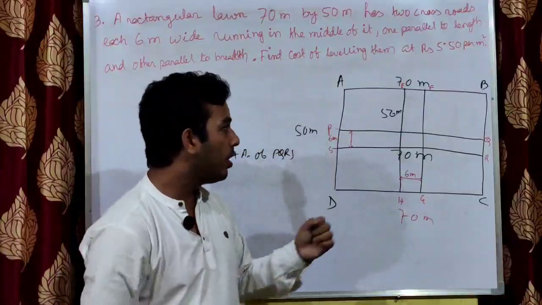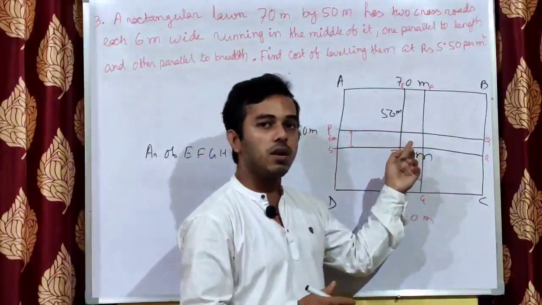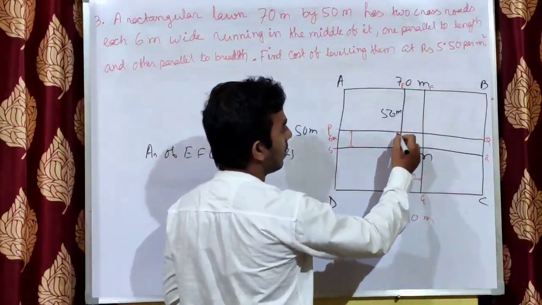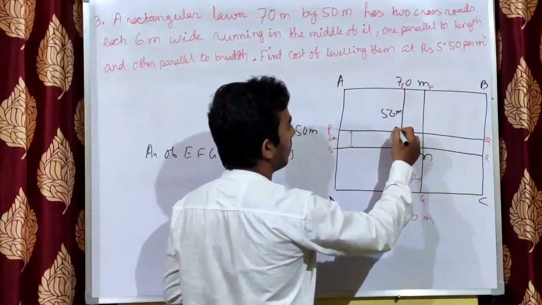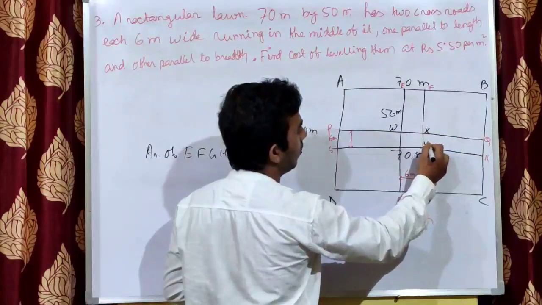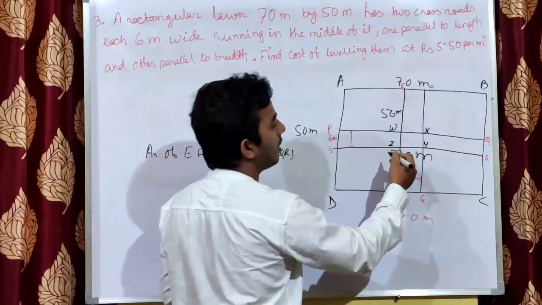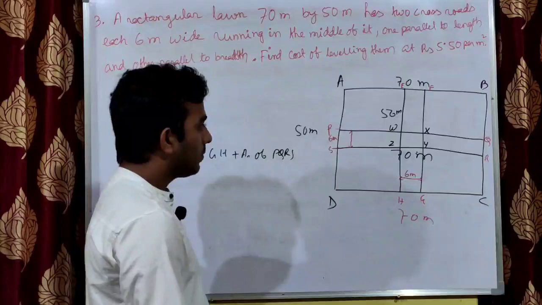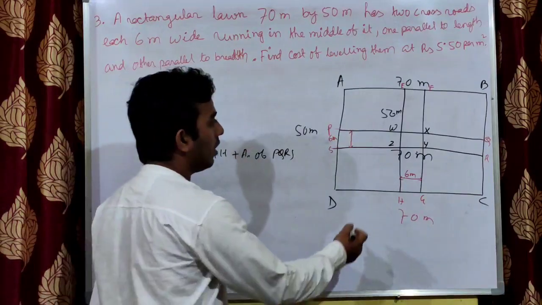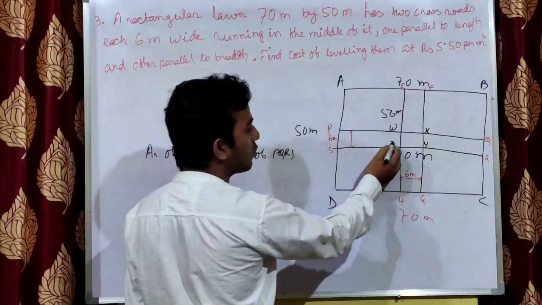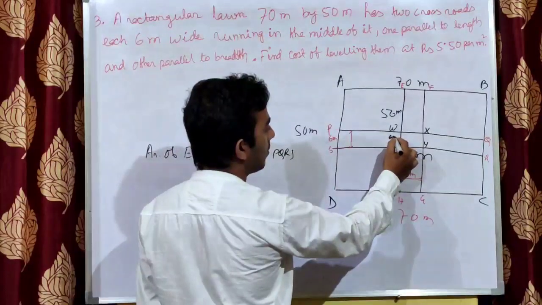So we have to subtract the area of this region, and let us give it the name WXYZ. Now the length of WZ will be what? It is the width, right? It will be 6 meter.